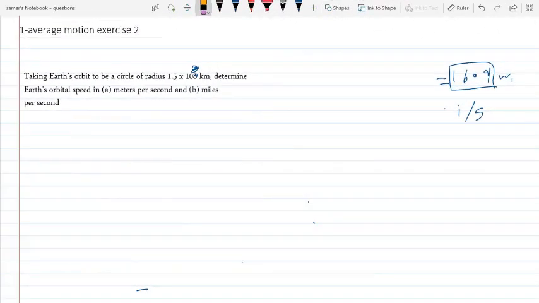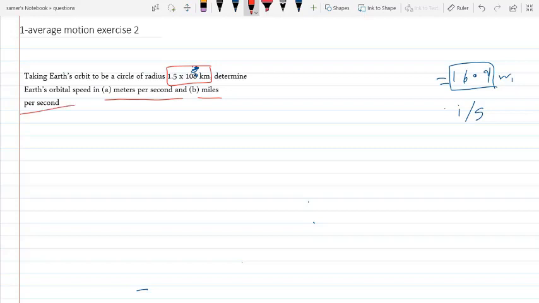Exercise 2 on the average motion. Taking the Earth's orbit to be a circle of radius 1.5 times 10 to the 8 kilometers, determine the Earth's orbital speed in meters per second and miles per second.